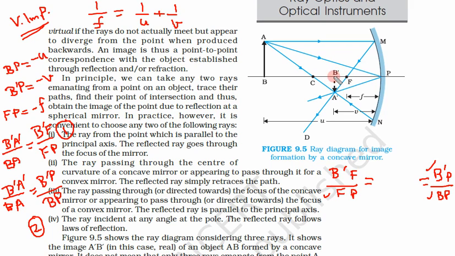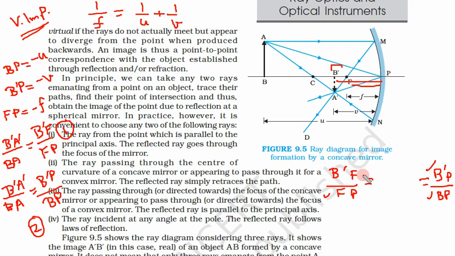So let us write this B'F in such a form that we can put the values. So this is the whole distance B'P and this is the distance B'F. If we subtract FP from this, we get B'F. So B'F is nothing but this total distance minus this distance.